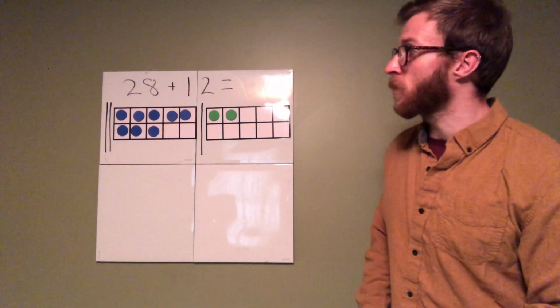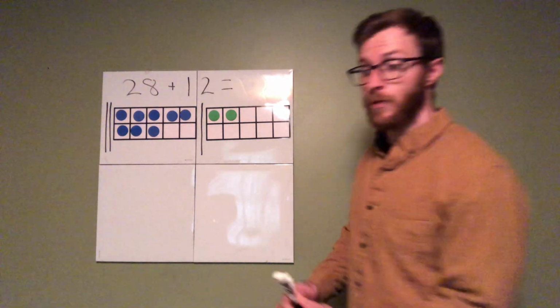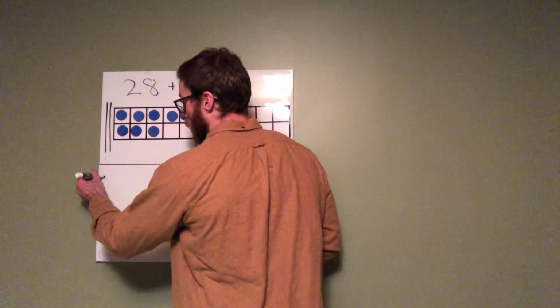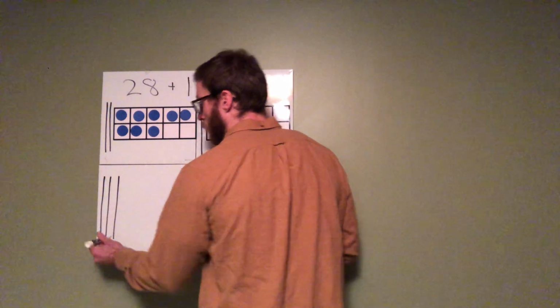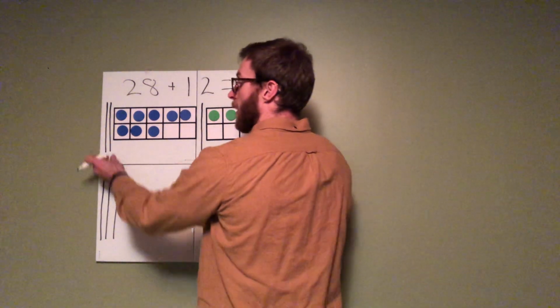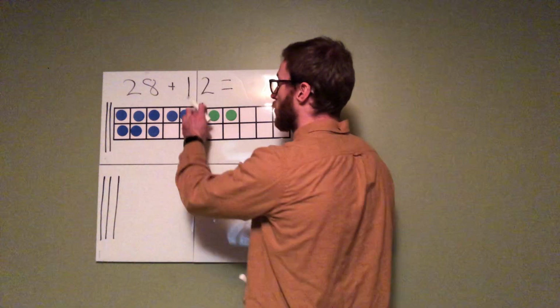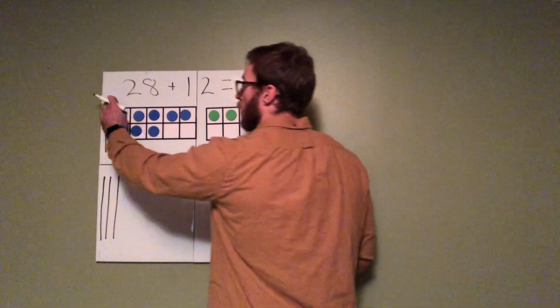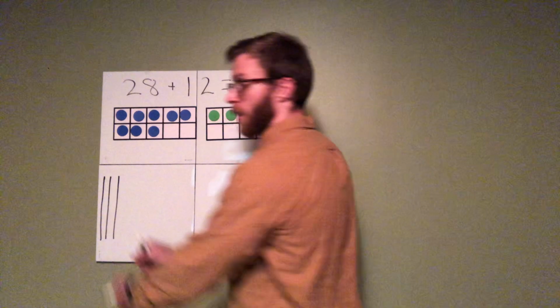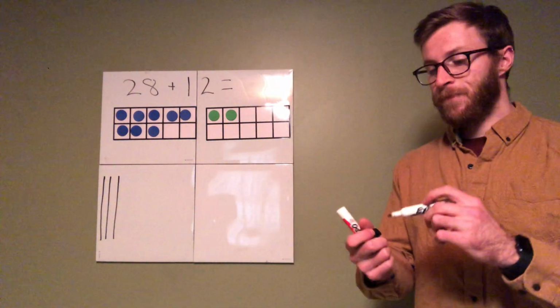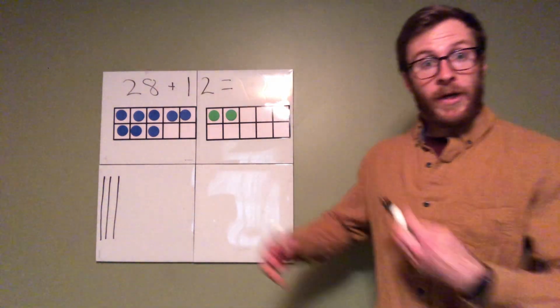So 1, 2, 3 10s. So let's draw those 3 10s all together. 1, 2, 3. Now it's almost like I'm moving them down together, so I'm just going to erase them. Because imagine I just took those 3 tens and brought them down here into one big picture. Okay? Now, we combined our tens.